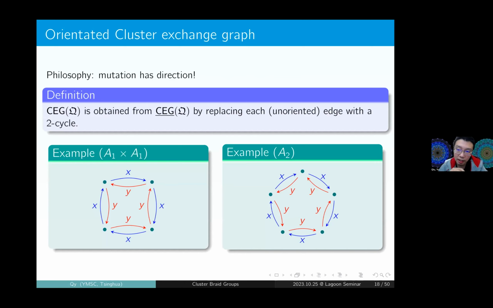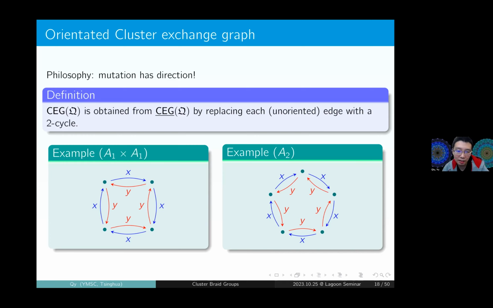If you think of this in cluster tilting in the cluster category, mutation actually has a forward mutation and also a backward one. It just happens that in the classical case, when the cluster category is 2-Calabi-Yau, the forward mutation squares to 1.